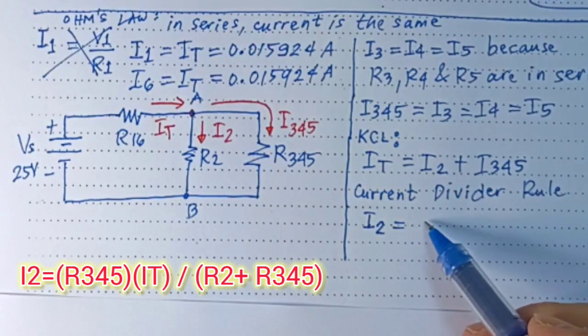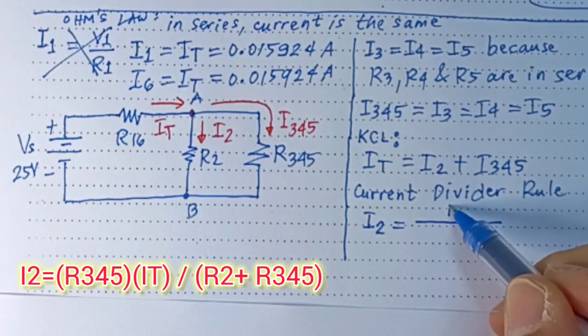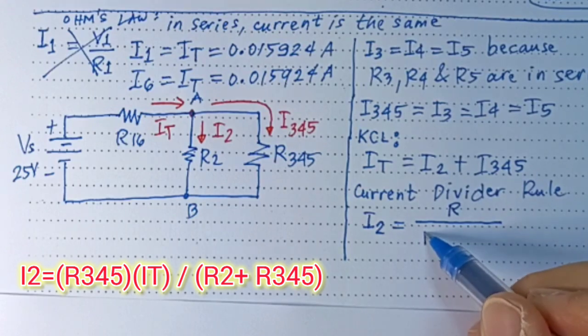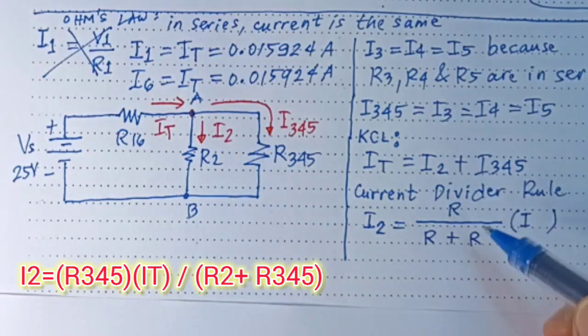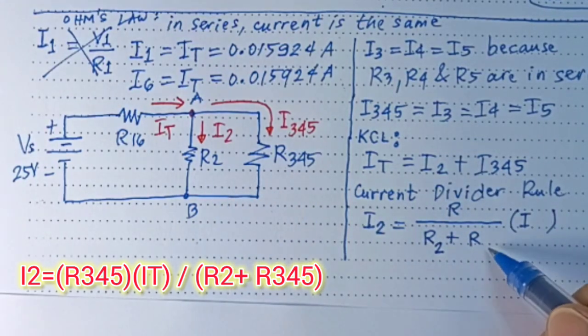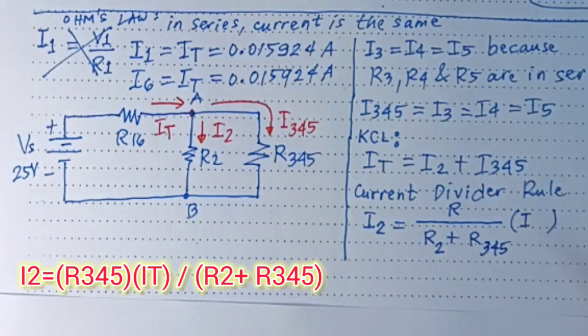For the current divider rule, you just need to write one letter R here, and at the bottom you write R plus R. Then you multiply it with I. This is the current divider rule. The one you write at the bottom of the equation is just R2 plus R345, the two.